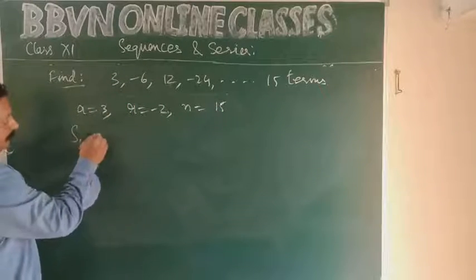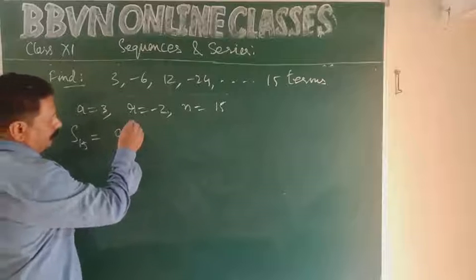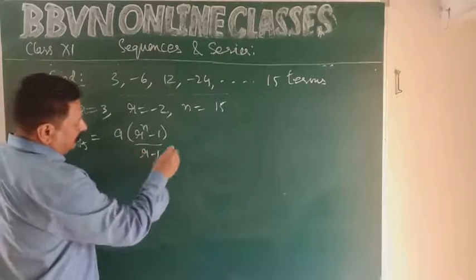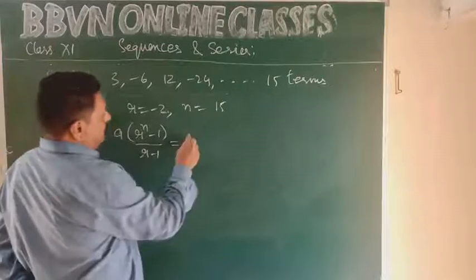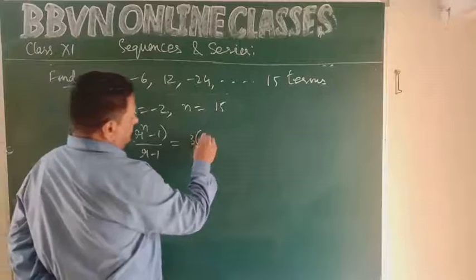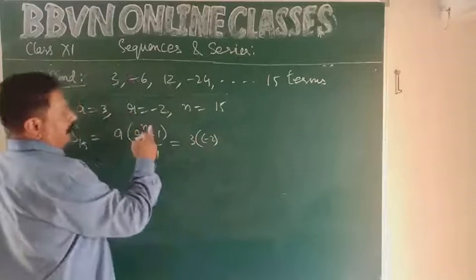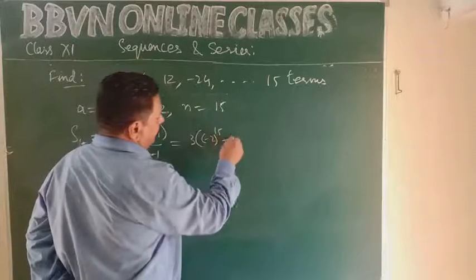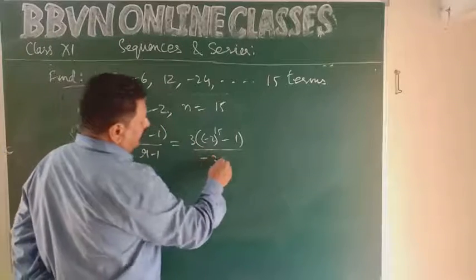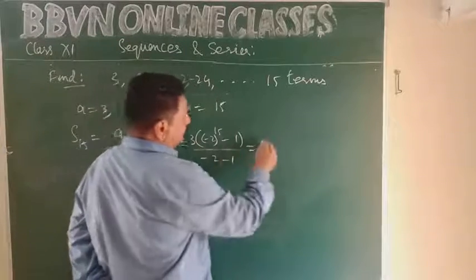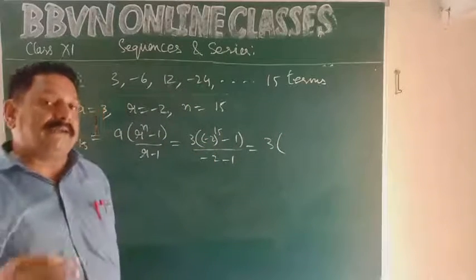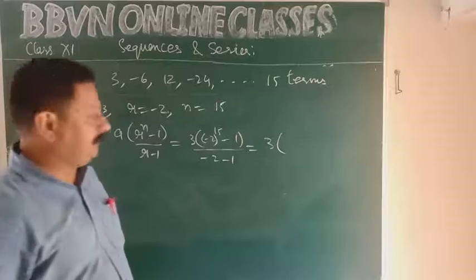Sum of 15 terms. Formula: a into r power n minus 1 upon r minus 1. a is 3. What is r? Minus 2, to the power n, n is 15, minus 1, upon r minus 1, minus 2 minus 1. 3 into minus 2 to the power 15. A negative term to the odd power will be negative.